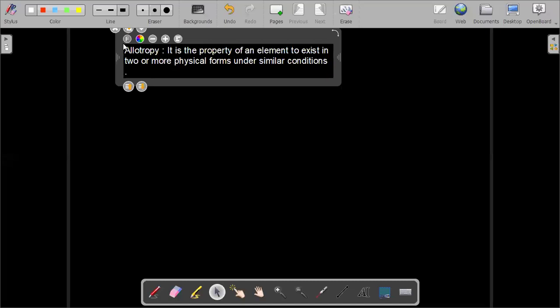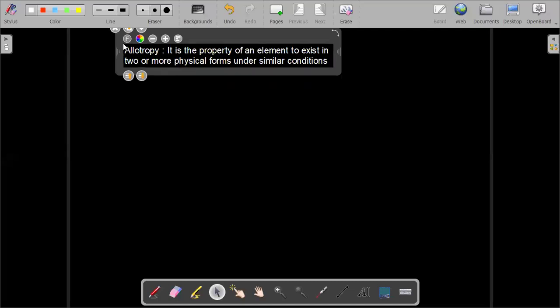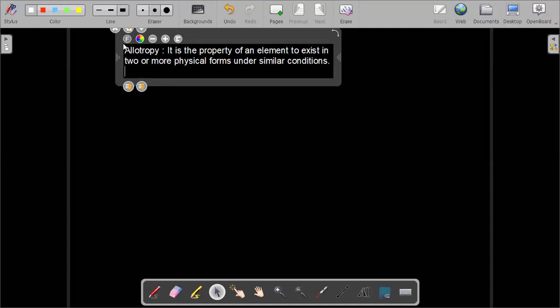Some other elements also show the property of allotropy. So which elements show it apart from carbon? If you observe carbon, we have two allotropes of carbon: diamond and graphite.